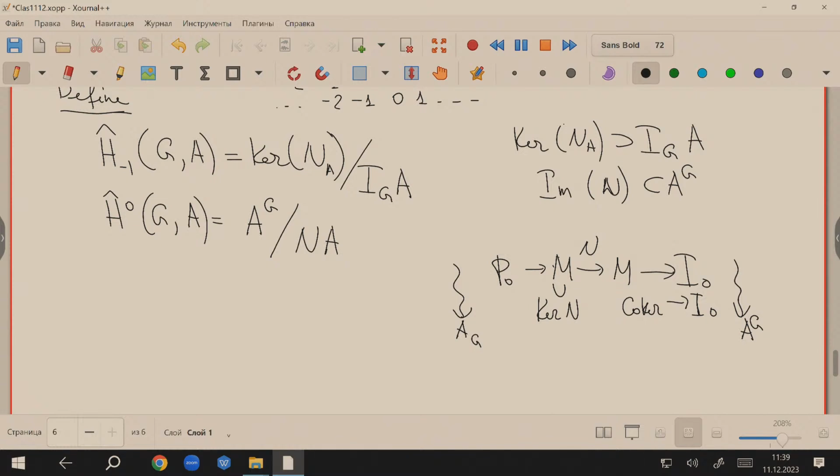By mapping the kernel of N_A to the kernel of N_C, we have a long exact sequence.